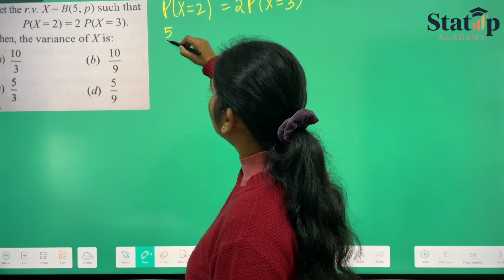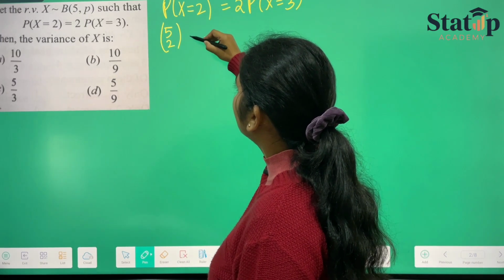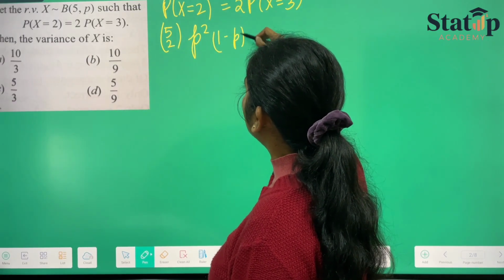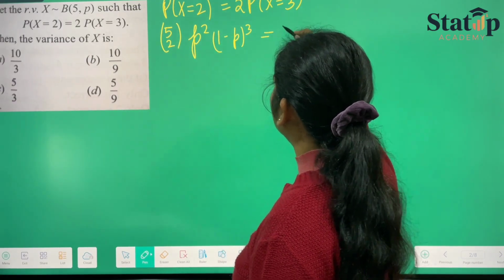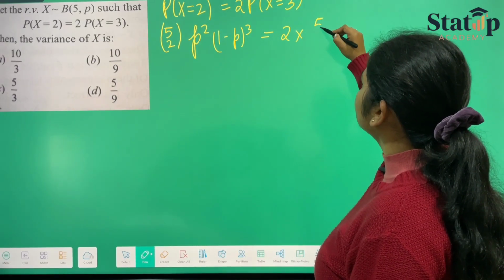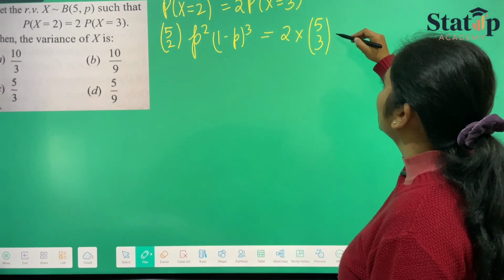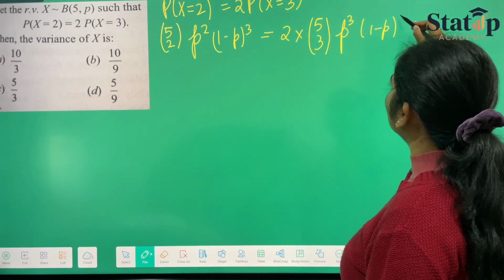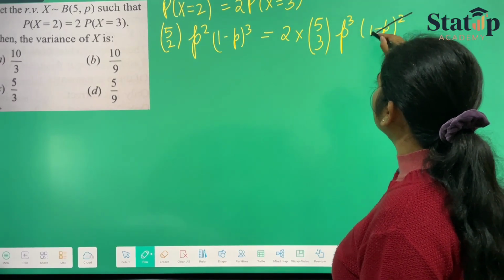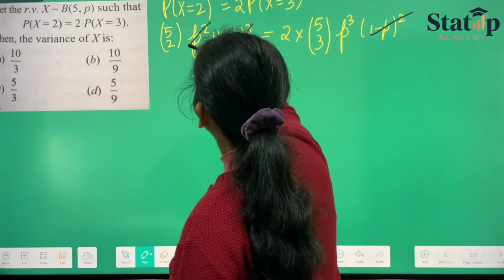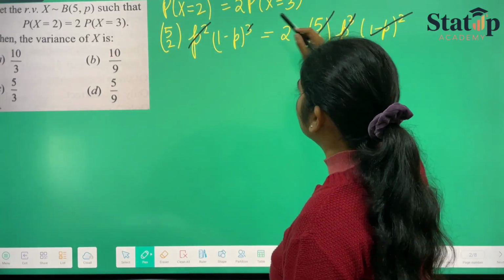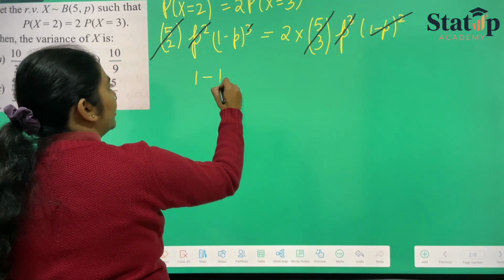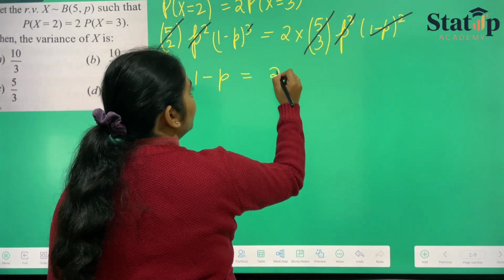N is 5C2 p raised to the power 2, 1 minus p raised to the power 5 minus 2, which is 3. 2 into 5C3 p raised to the power 3 into 1 minus p raised to the power 2. Now here this and this will get cancelled, this and this will get cancelled, 5C3 and 5C2 will also get cancelled. So we are left with 1 minus p is equals to 2.